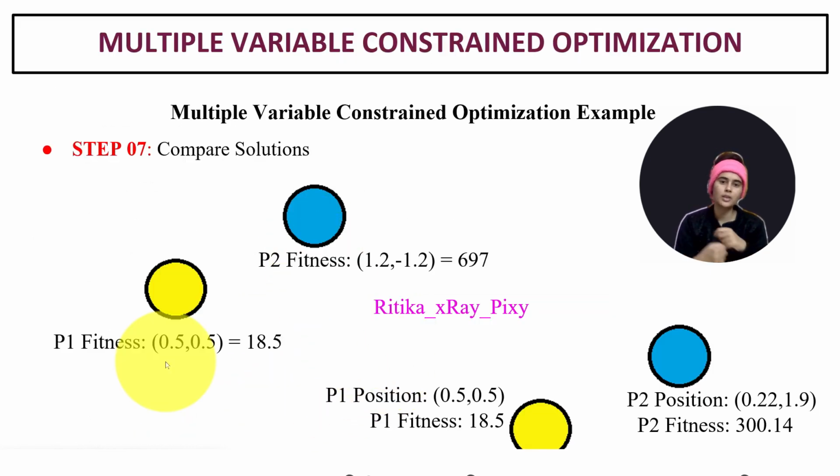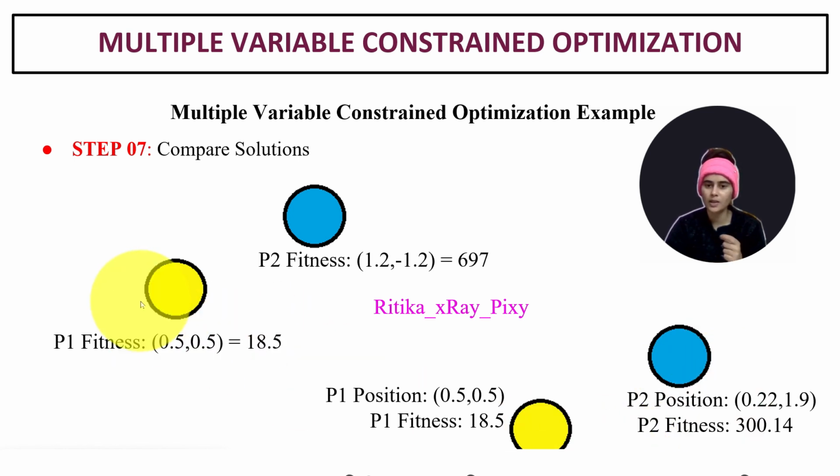Next we will compare the solutions. When you compare the solutions, we will compare the new solution with the older solutions. In this case for the first particle it is the same, there is no change. For the second particle you can see the older position is this one, the new position is this one. Here you can see we have two particles, older position and fitness, two particles, new position and fitness.